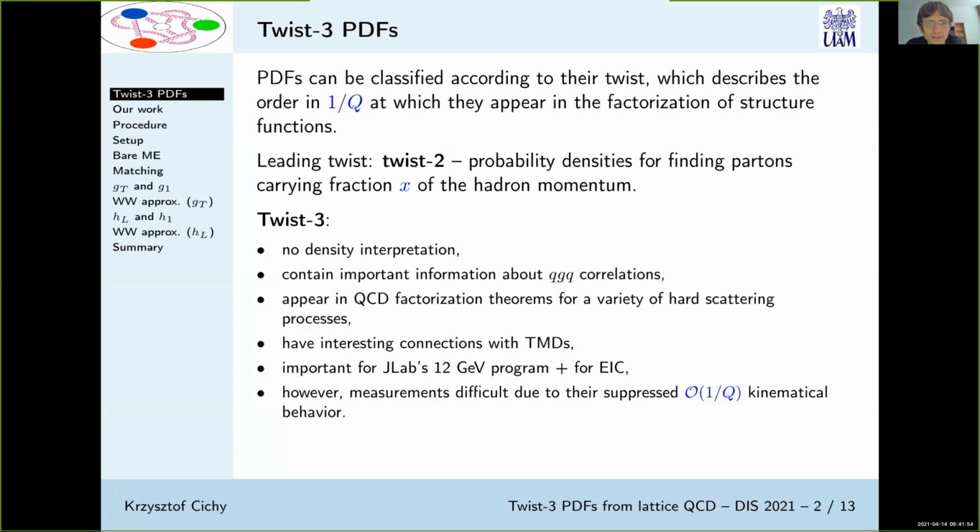And in the new experiments at the JLab 12 GeV upgrade and also at the EIC, we expect to obtain some experimental results for this. But nevertheless, this is difficult because of the kinematic suppression, and therefore any theoretical input is valuable, in particular from the lattice.